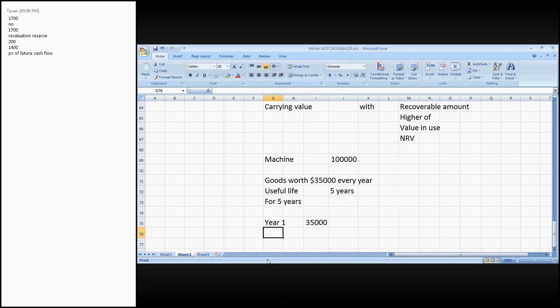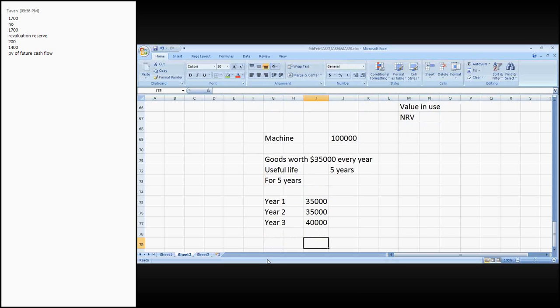Year 2 will give you 35,000 worth of goods. Year 3 on your best estimates may give you 40,000 worth of goods. Year 4 may give you 47,000 worth of goods. Year 5, you can produce goods which may be sold into the market at these cash flows.